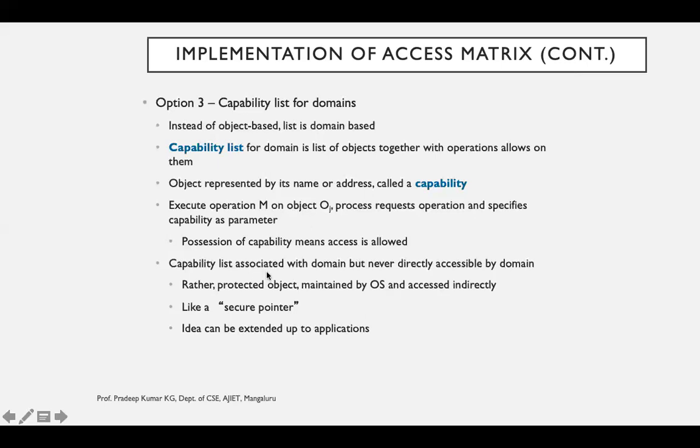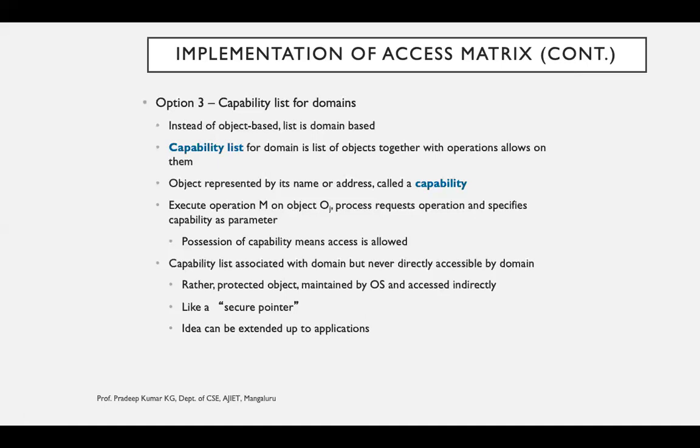Then, the capability list is associated with the domain but never directly accessible by the domain. Each individual domain cannot access it directly. Once the capability list is prepared and assigned, it is not directly accessible by the domain.